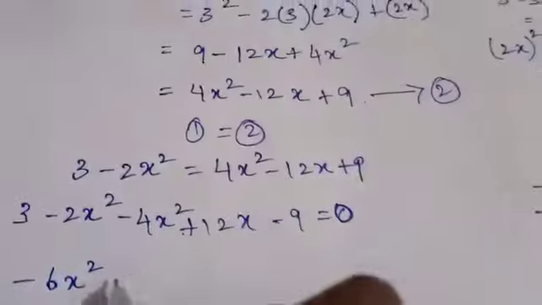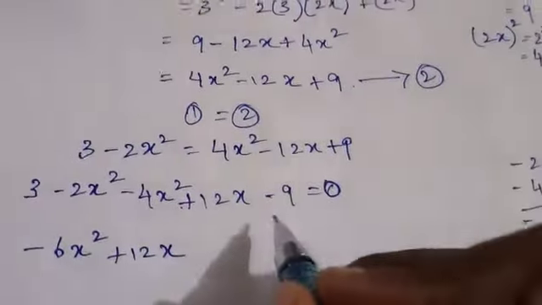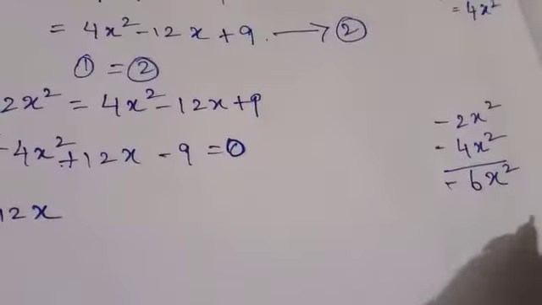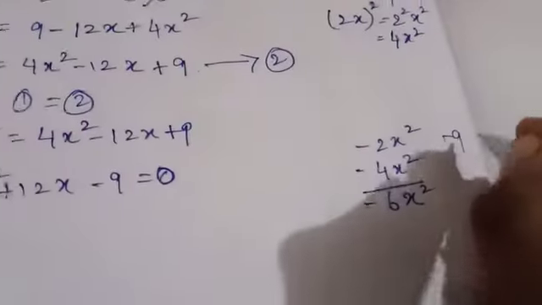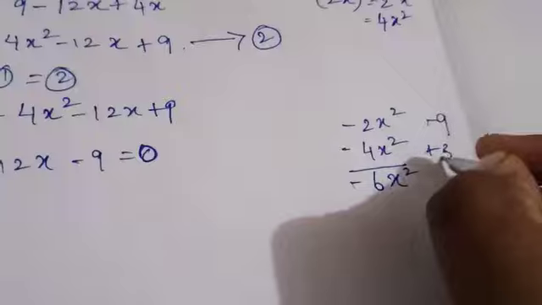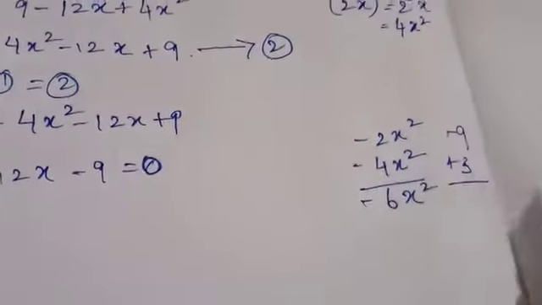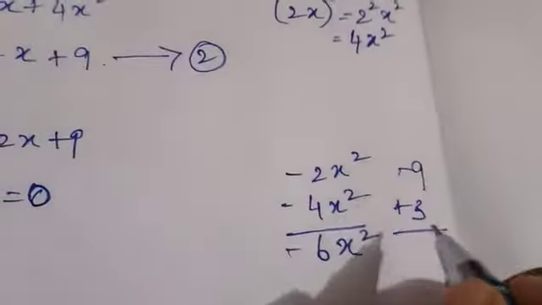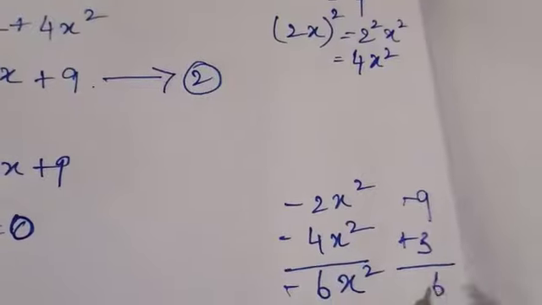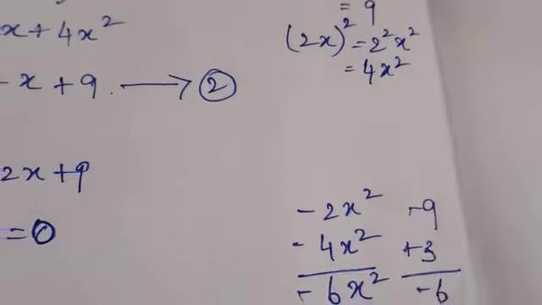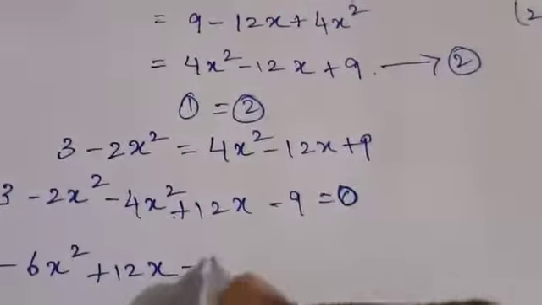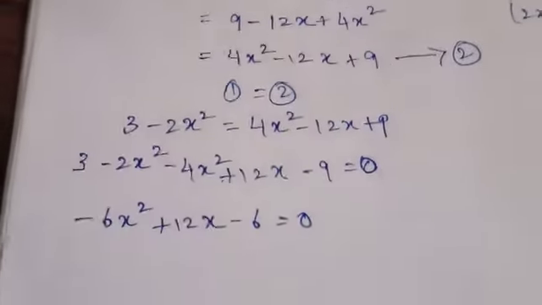The x term we have only one, that is plus 12x. Next, two constant terms: one is minus 9 and the other one is plus 3. So 9 minus 3 is 6, the greater number's sign is minus, so I am writing minus 6. So the answer is minus 6x square plus 12x minus 6 is equal to 0.